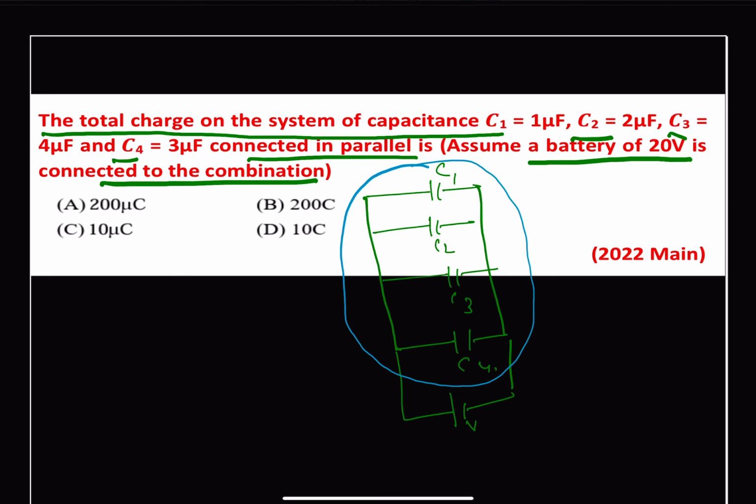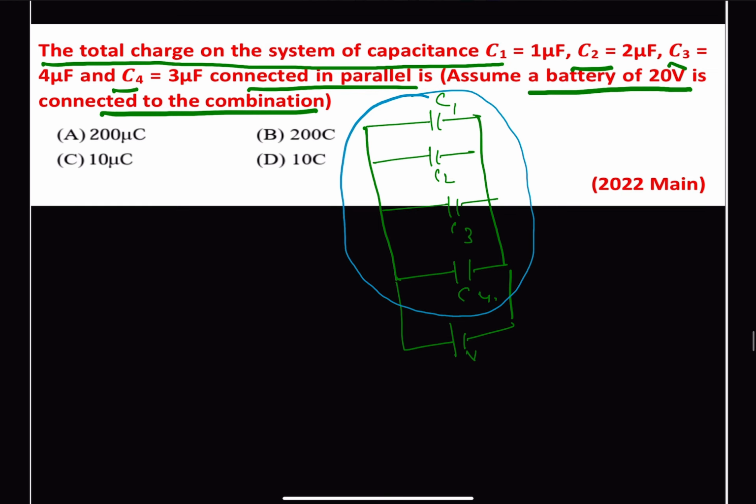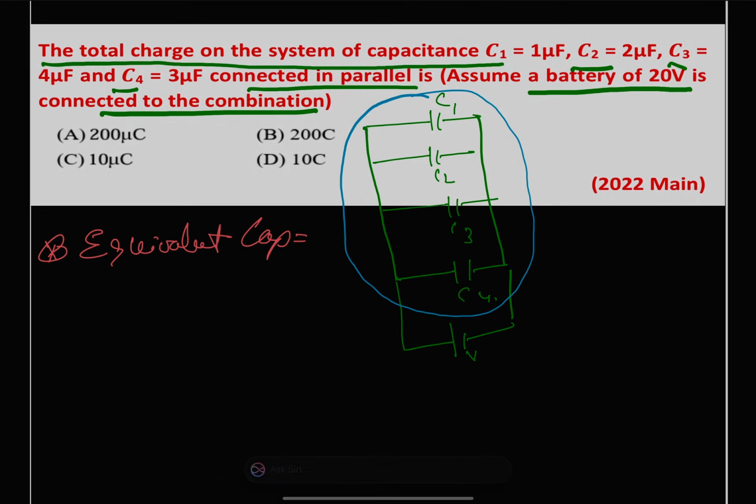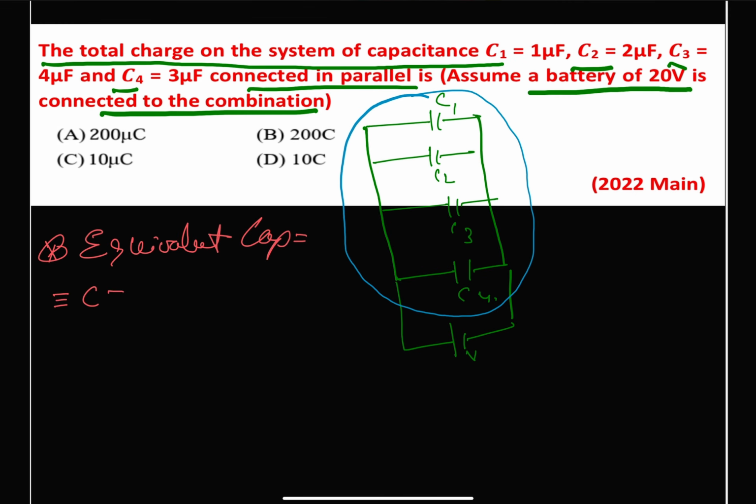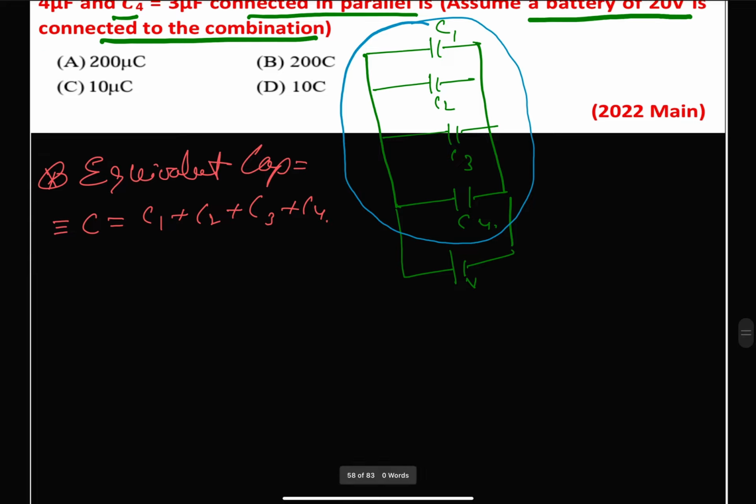So we can say the equivalent capacitance, which is our C, is equal to C1 plus C2 plus C3 plus C4. We substitute the values.